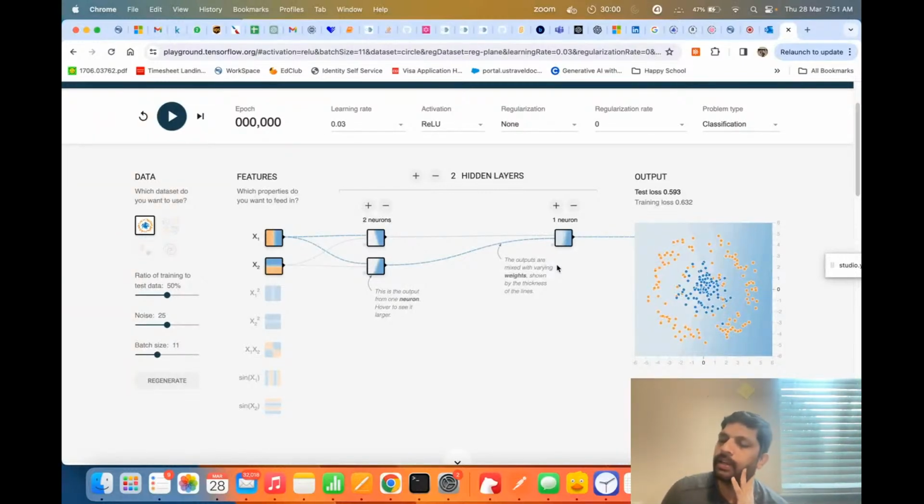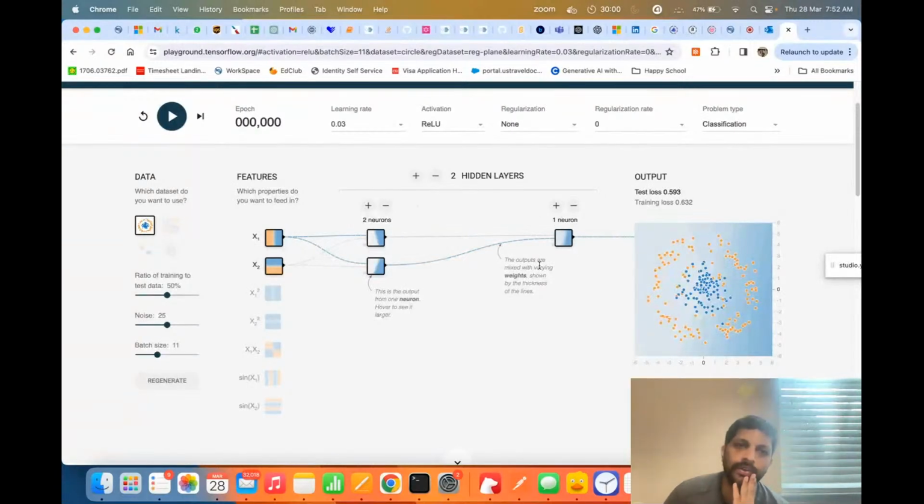So z3, if you look at it, is actually an internal function of x1 x2 itself. Only thing is we are putting it into multiple functions. The x1 x2 that is coming here, we are putting into two different sigmoid functions, that becomes 1 by 1 plus e power minus z1, 1 by 1 plus e power minus z2, and these are carried here.